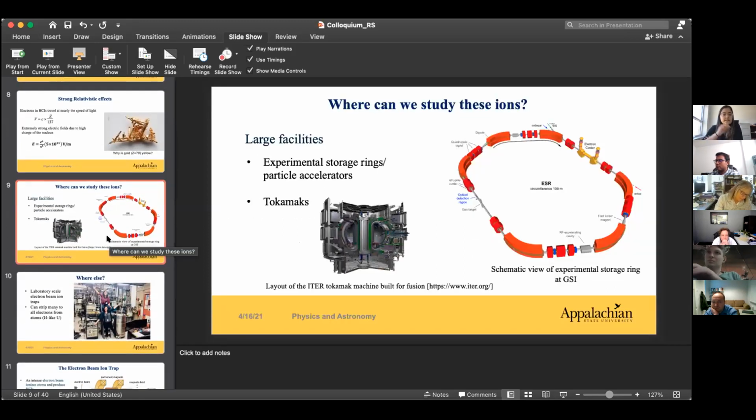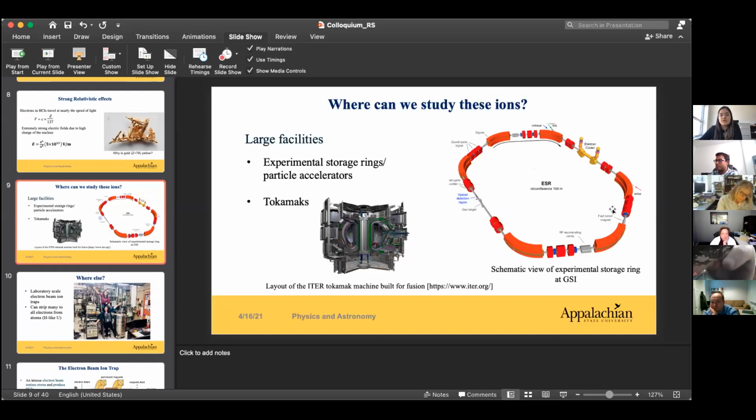Now, the thing is that we want to be able to produce them. And one way to do that is in these large accelerator facilities. For example, the one shown on the right is a storage ring where they do production and measurement of highly charged ions. If you want to know what a particle accelerator is, it's basically a large circular device where there is application of electric and magnetic fields to confine the charged particles.